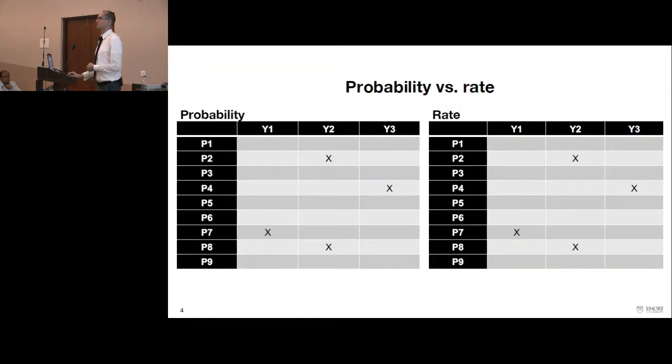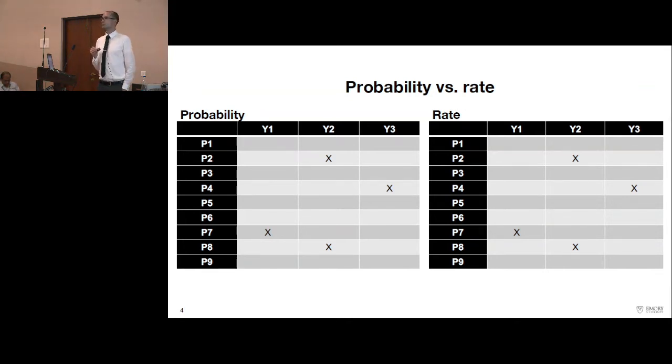Maybe in a more tangible way. Let's say we have these 9, P1 to P9, representing 9 people. It's person 1, person 2, and so on. And then we have 3 time periods, year 1, year 2, year 3.